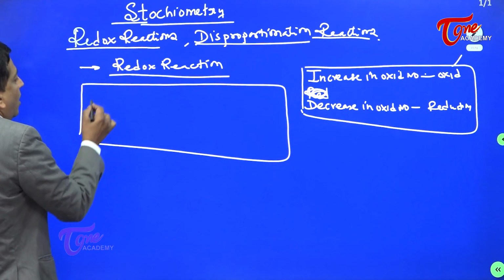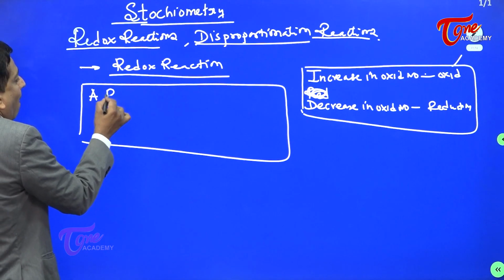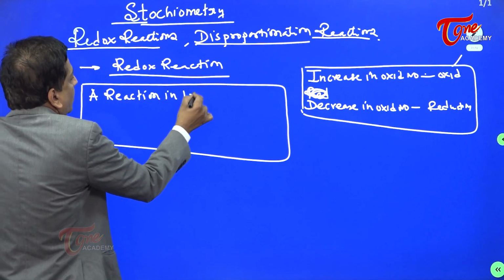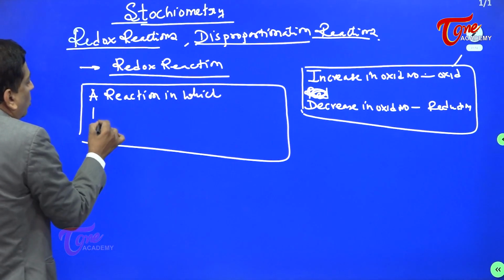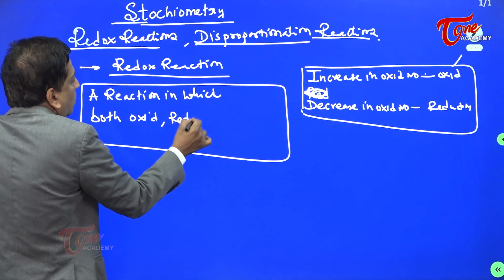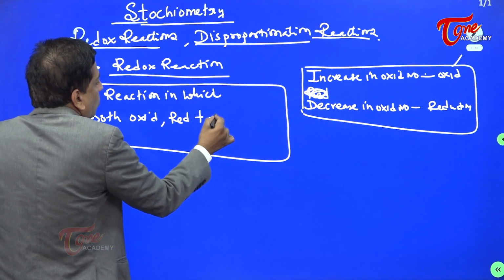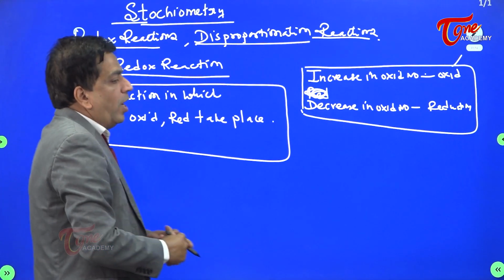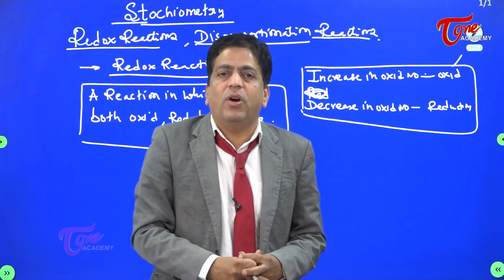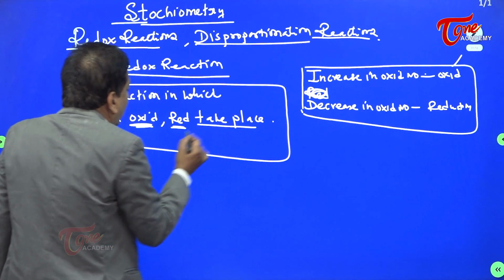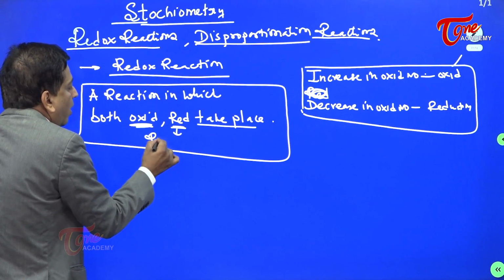Observe carefully here. A reaction in which both oxidation and reduction take place, oxidation and reduction both take place, is called a redox reaction.